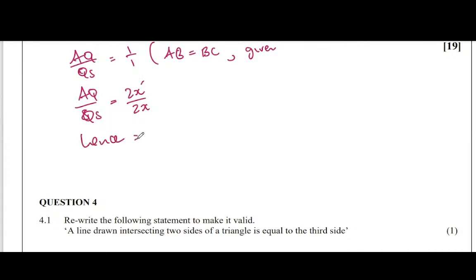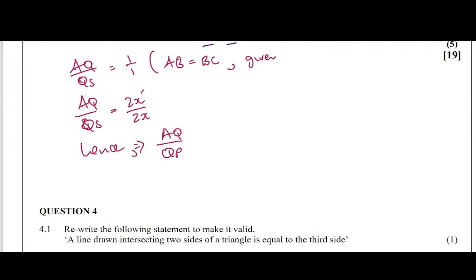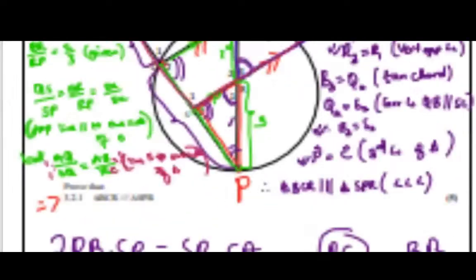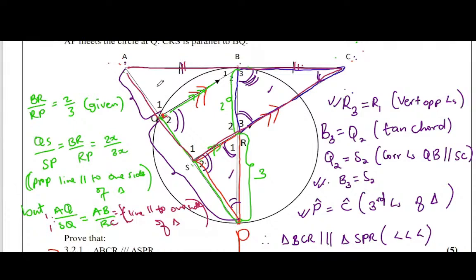Which means, or hence, our AQ over the QP, because we said AQ is 2x, and even the QS is 2x, since these two are equal.